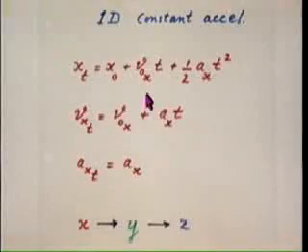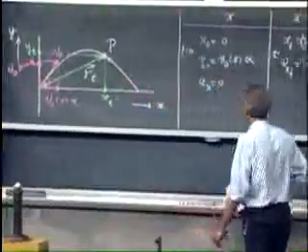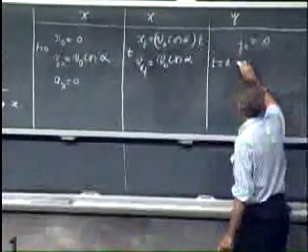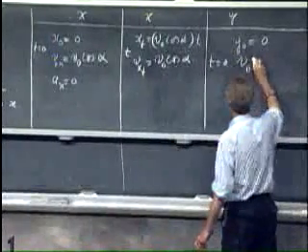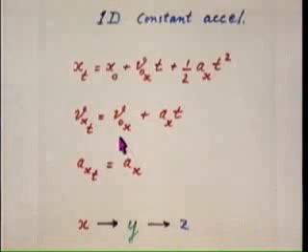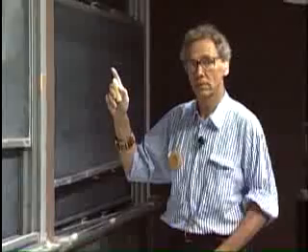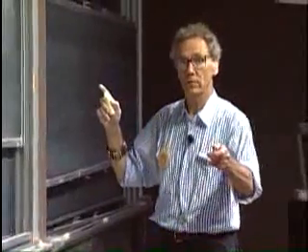I get v0y times t. Well, v0y is this quantity, is v0 sine alpha. This is v0 sine alpha. That is the velocity at time 0, and this is 0. This is 0 at time 0.